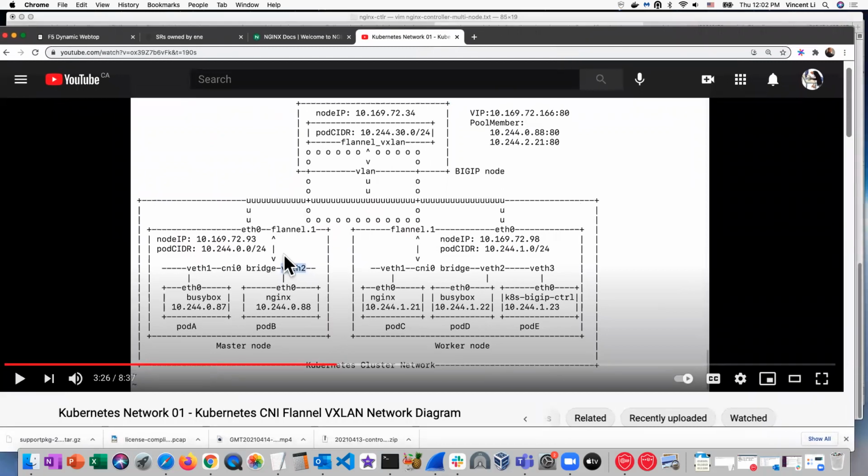I have a previous video explaining how the packet passes through the VXLAN tunnel. It's from 2 years ago, if you are interested to watch.